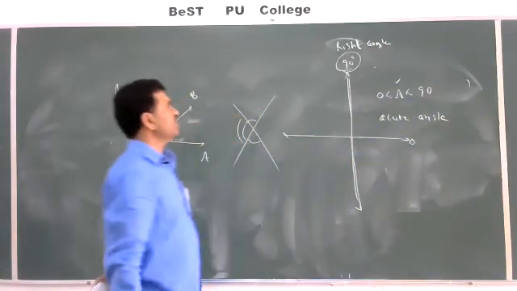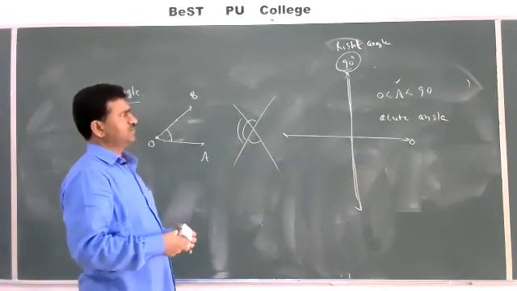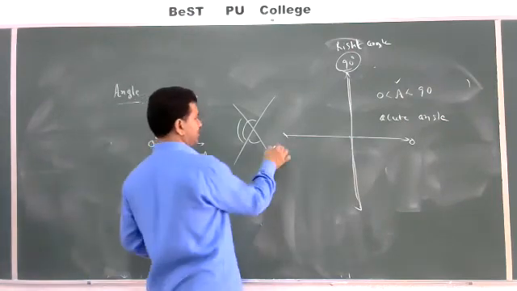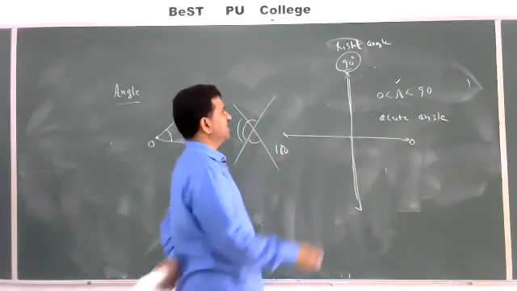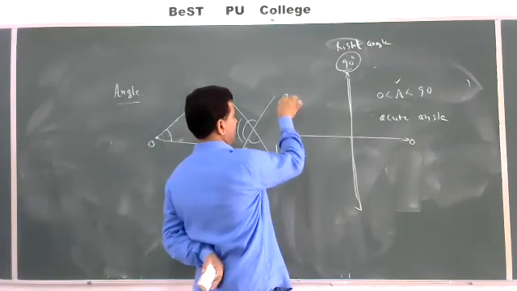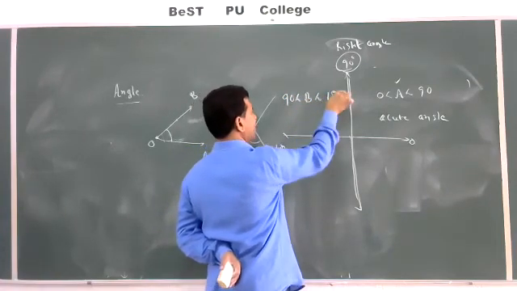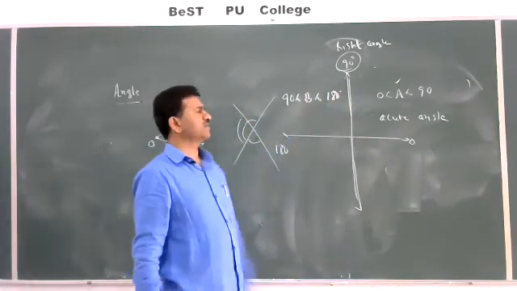If the measurement of an angle is 90 degrees, it is called a right angle. 90 to 180: the measurement of the angle lies between 90 and 180. Here I have taken angle B, which lies between 90 and 180.